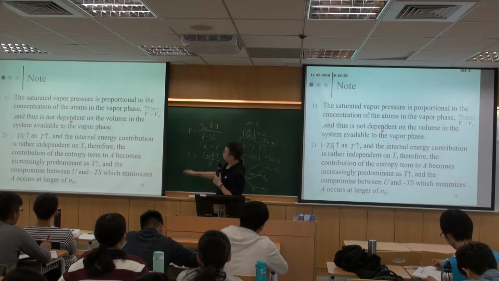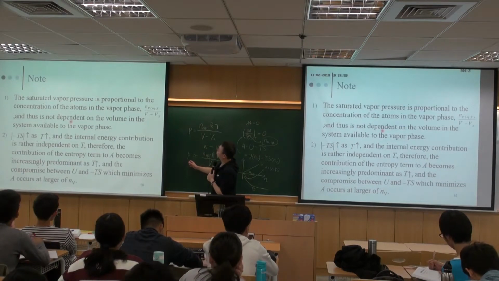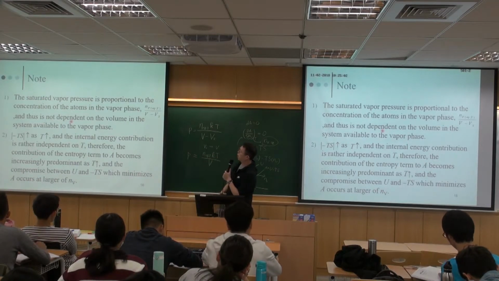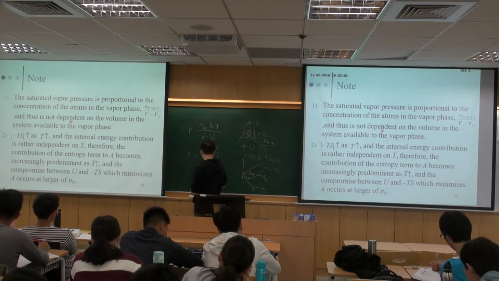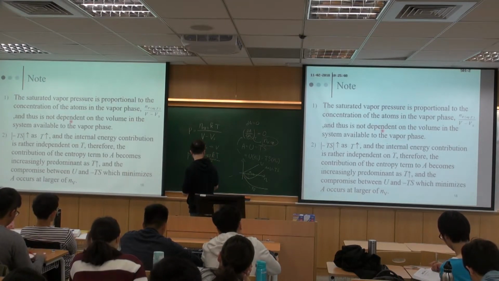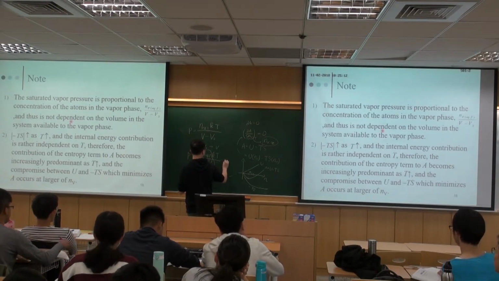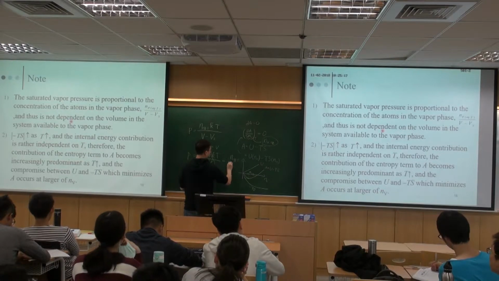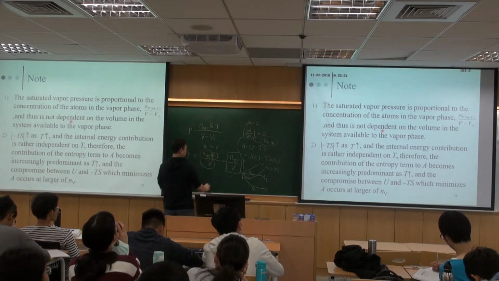And the paragraph here is trying to say that this pressure is related to the concentration of the atoms in the vapor phase. And the concentration is this term over here. So this is proportional to, let's say, this thing.